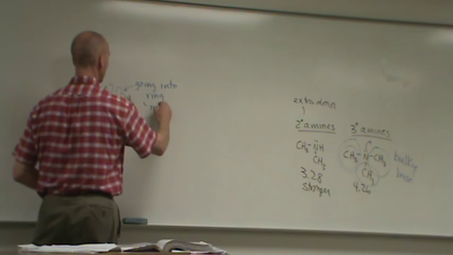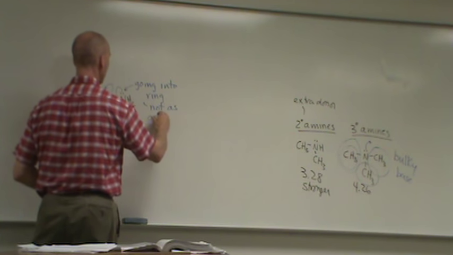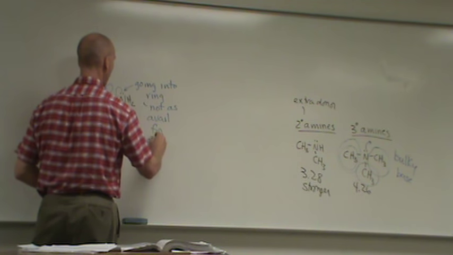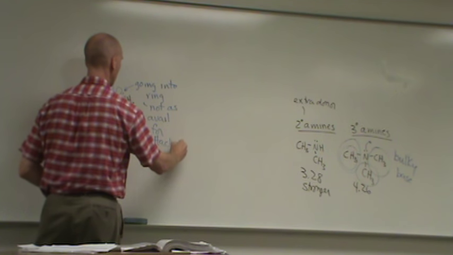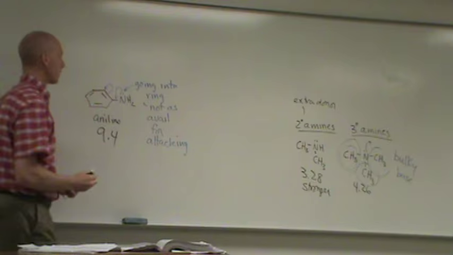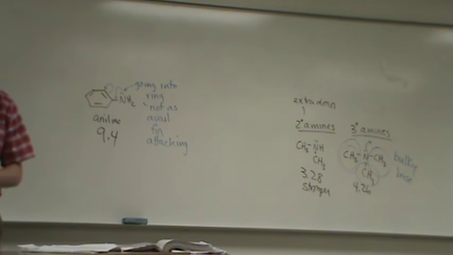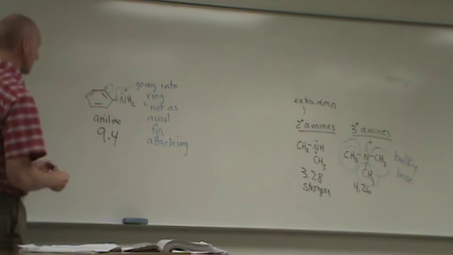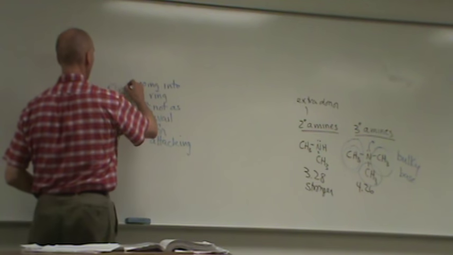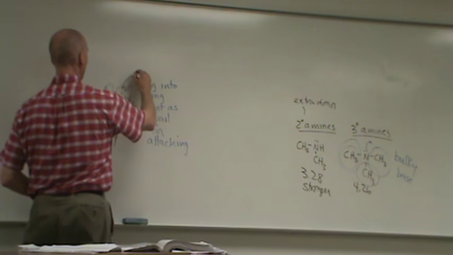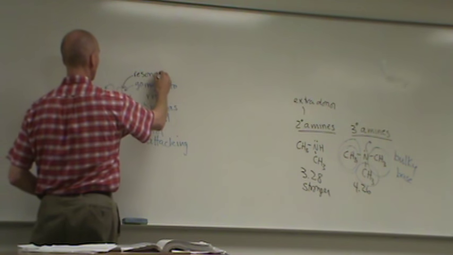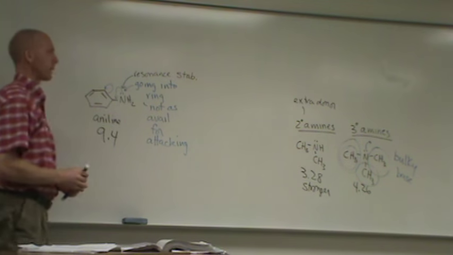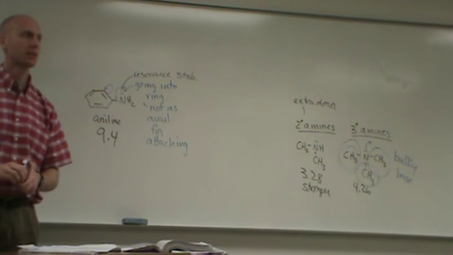So it's not as available for attacking. That's what the benzene ring does. It invites resonance. Or another way to state it is that this lone pair is resonance stabilized by the ring.